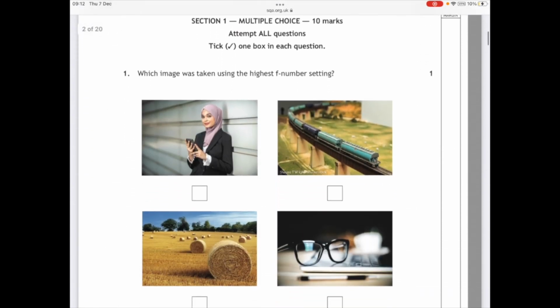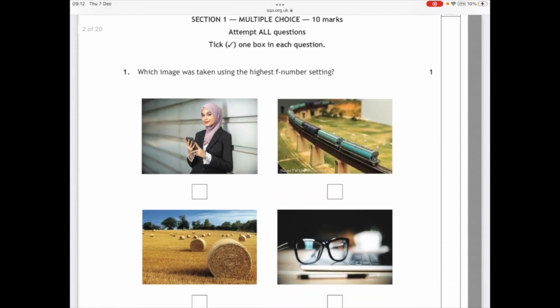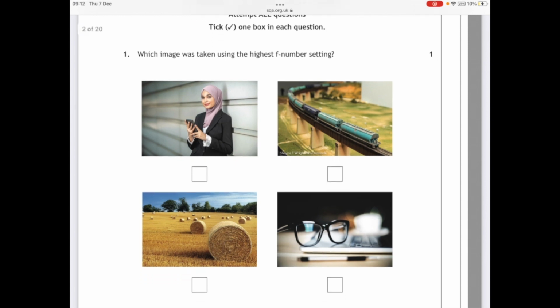So for the first question, you're being asked an aperture question. It says, which image was taken using the highest F number?